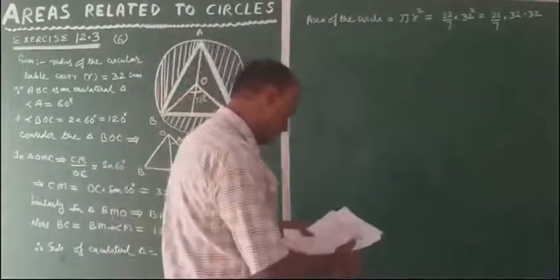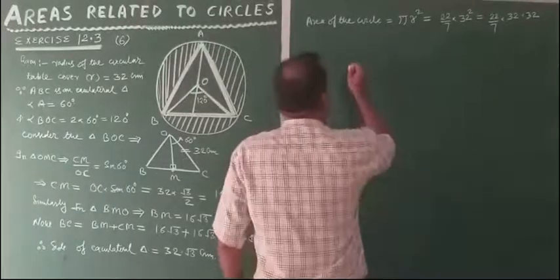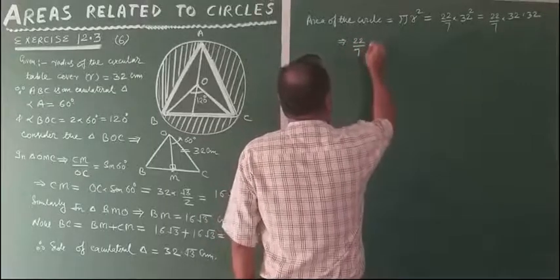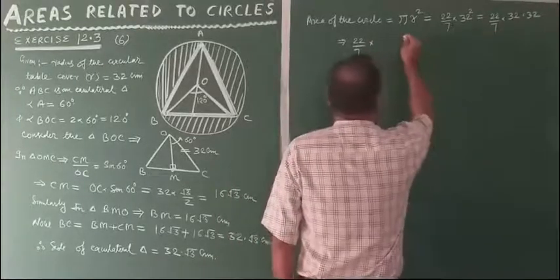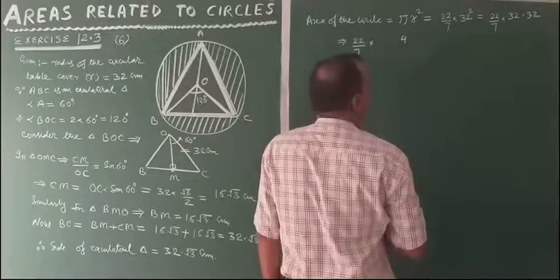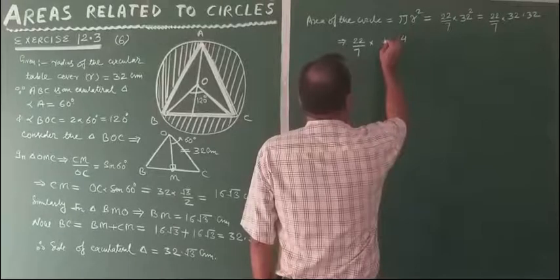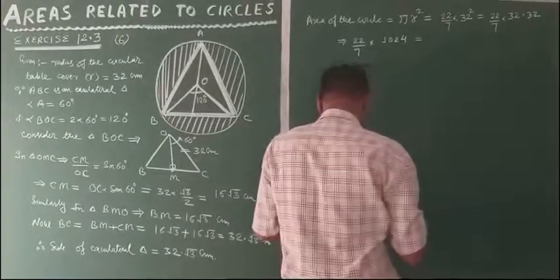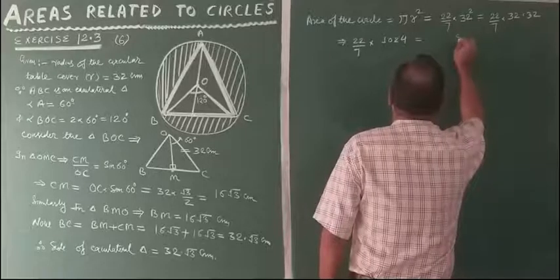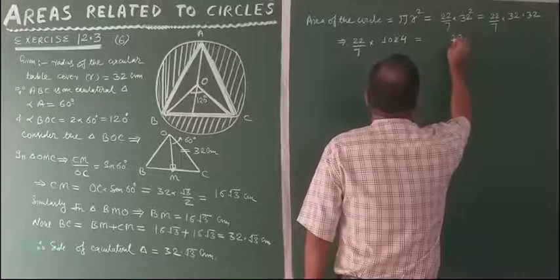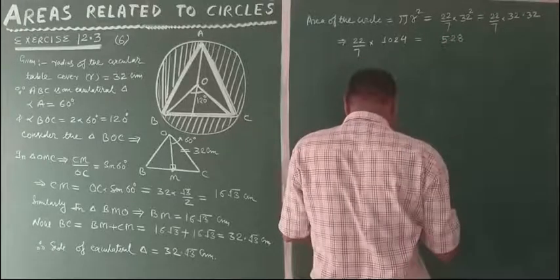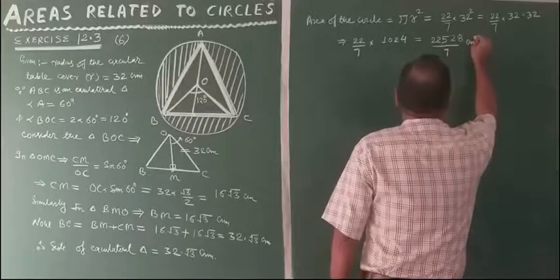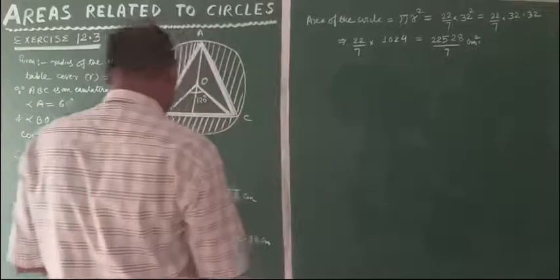Now just multiply them. 32 into 32 is 1024. Multiplying, we get 22528 upon 7 centimeter square. This is the area of the circle.